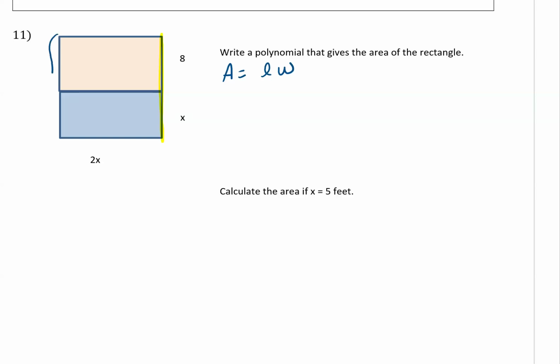So this entire side would be x plus 8. So we have the length, we have the width. So the area is equal to 2x times x plus 8. If we distribute the 2x, we have 2x squared plus 16x.